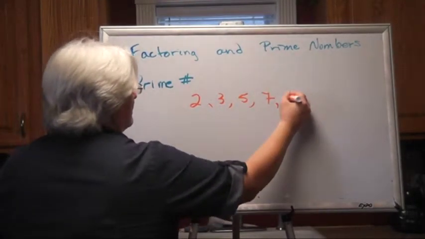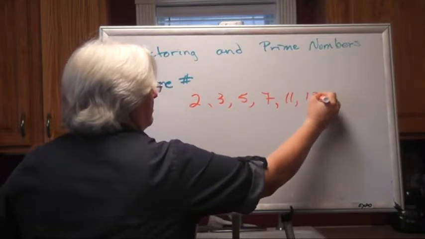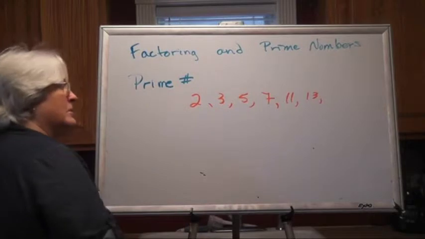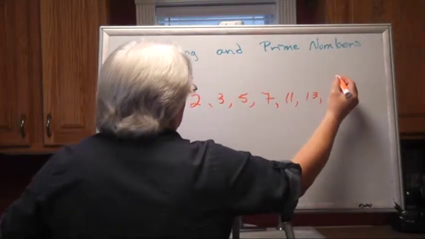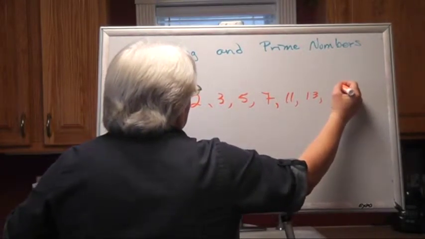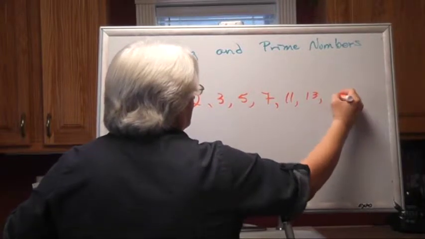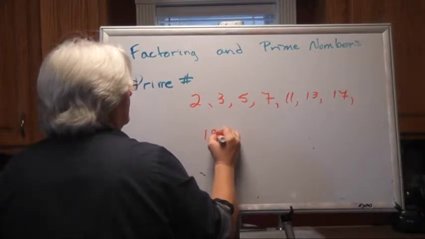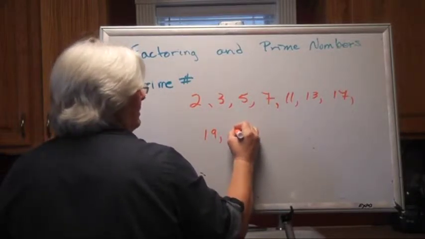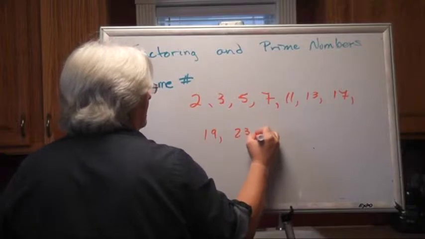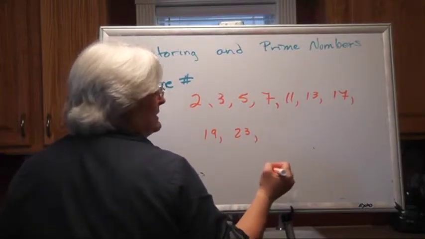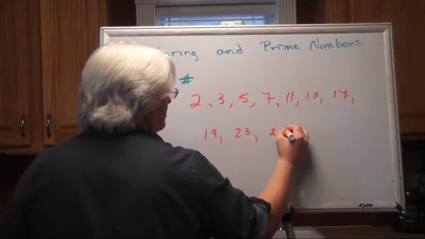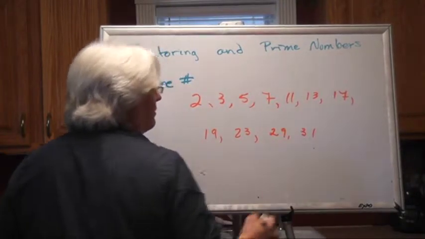10, 11 is prime, 13, 15 is not prime because it is the product of 3 and 5. 13, 17, 19, 21 is 3 times 7, 23, 25 is 5 times 5, 27 is 3 times 9, 29, 31.